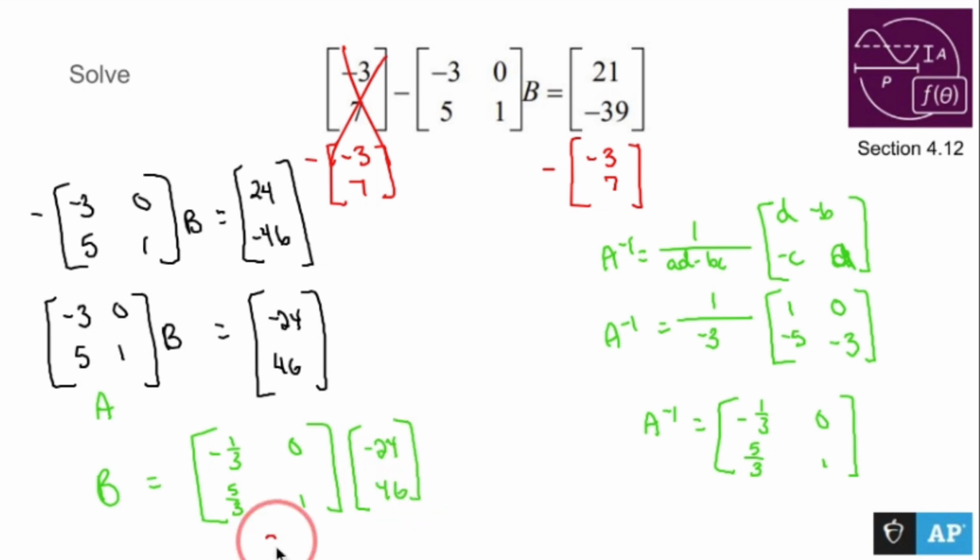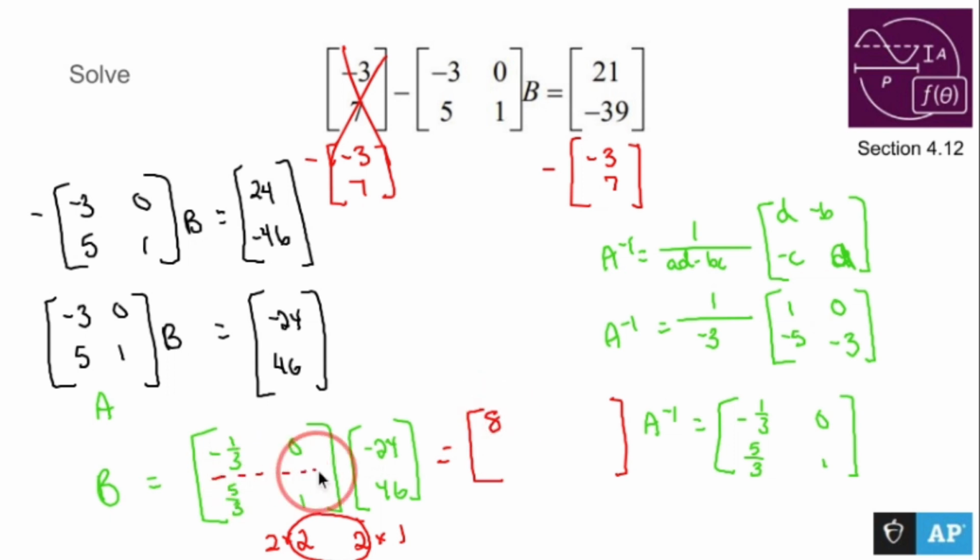Okay, we have ourselves a 2 by 2 being multiplied by a 2 by 1. So this is legal, and we're going to get ourselves a 2 by 1. So 2 rows, 1 column. Okay, -1/3 times -24 is basically the same thing as saying positive 24 divided by 3, which is 8.